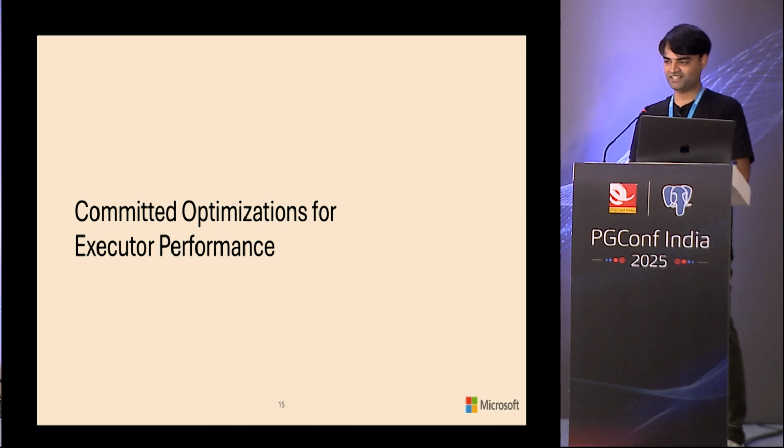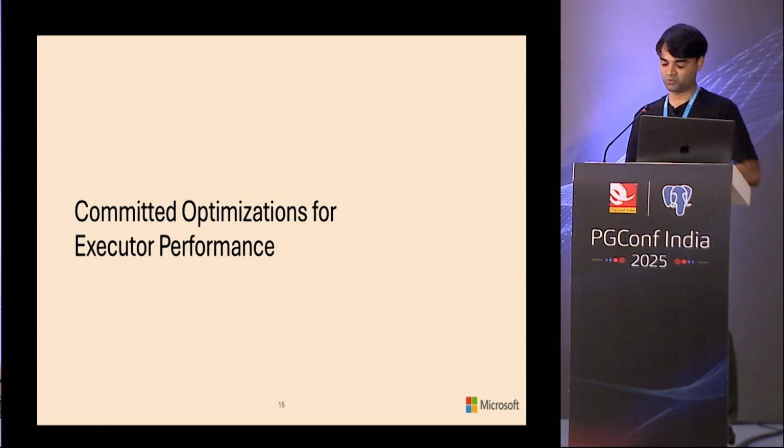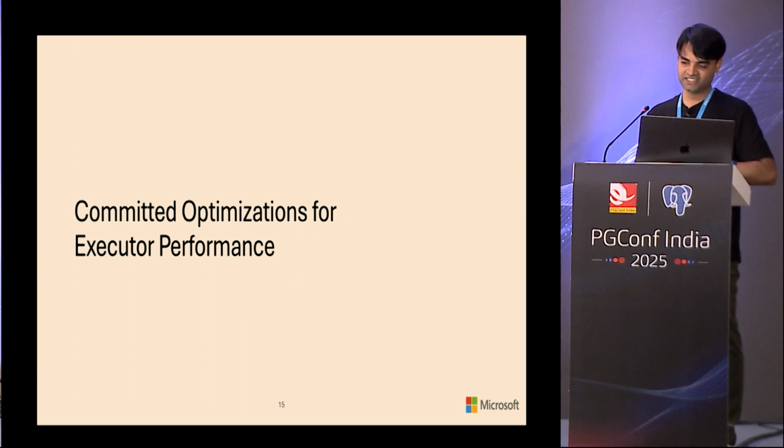So when we look at benchmarks like TPC-H and other OLAP benchmarks, you start to see that it works very poorly on modern CPUs compared to some other specialized OLAP databases.